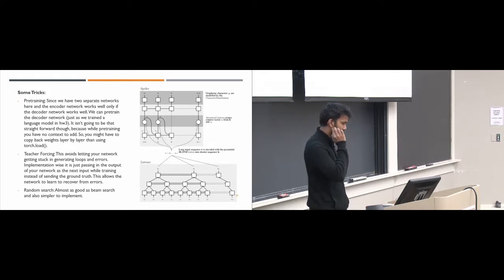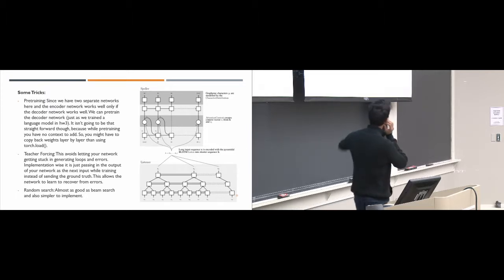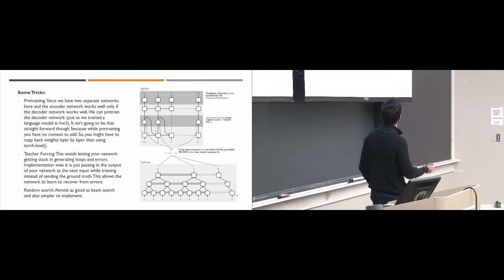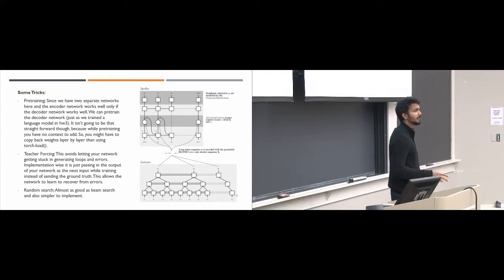Yeah, so again, we spoke about how the decoder works. It's a language model. All of you have been implementing it in homework 3. So if you look at it, this is a really tough problem to solve, right? First, the network should learn to decode, then the network should learn how to encode. It happens jointly. So instead of that, what you can just do is train your language model first.